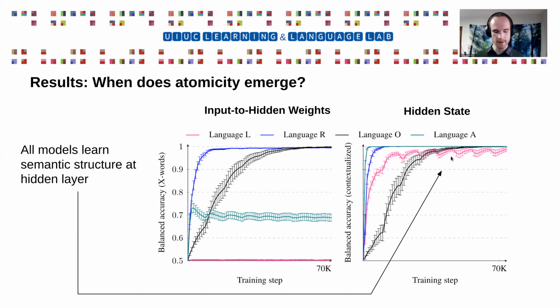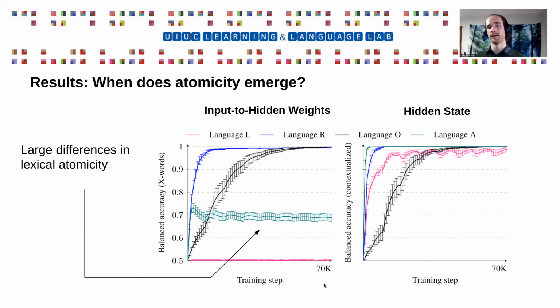But it really matters when you look at lexical representations of particular words. So this is the balanced accuracy of a particular set of words in these languages at the lexical representation, at the hidden weights. And you can see that although the contextualized representations in all these conditions learn all of the semantic category knowledge that there is, the extent to which that occurs at the input weights differs enormously.